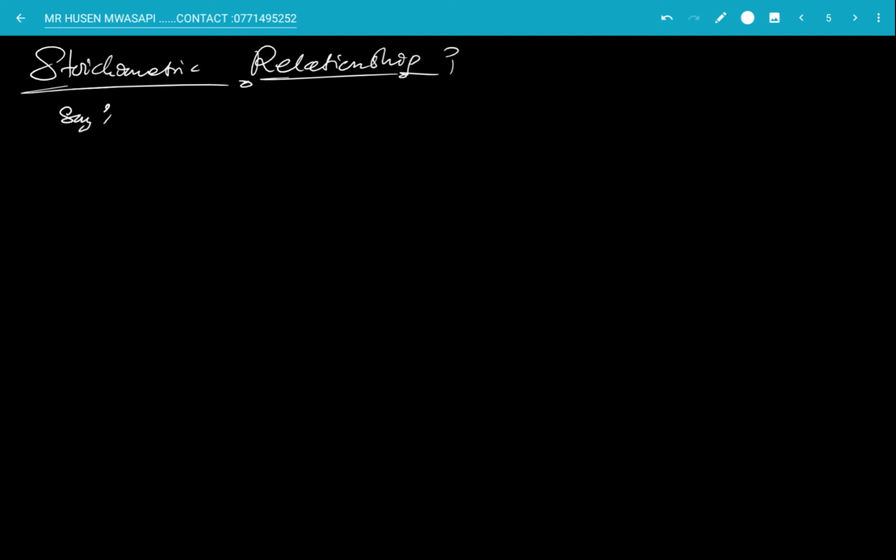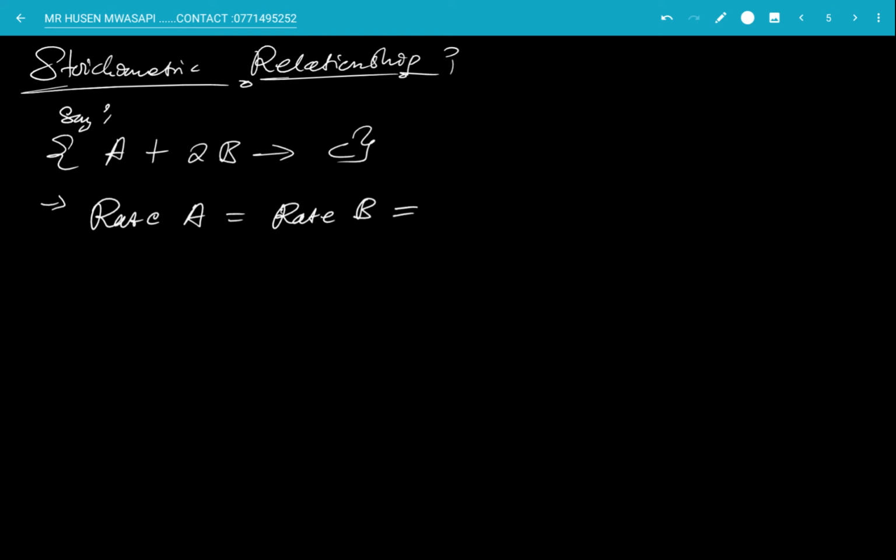Now there's a stoichiometric relationship of these things. Say you have A plus 2B producing C. Now what you have to understand is that the relationship of this equation here is that rate A will equal rate B and rate B will equal what? Rate C. Okay? So what is the rate of A?